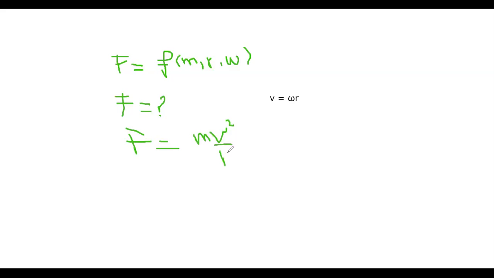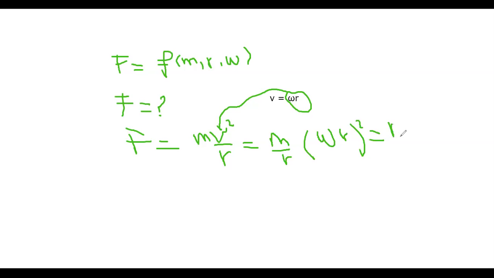M v squared divided by R. V equals omega R. Just change here. So M divided by R times the square of omega R, so M omega squared R squared divided by R. Not over R, because this is squared.